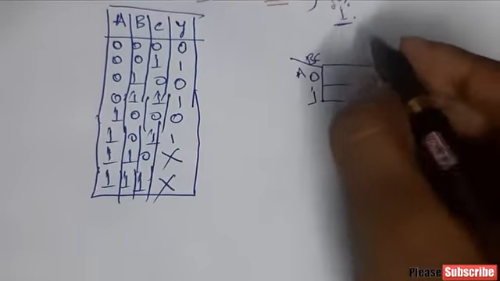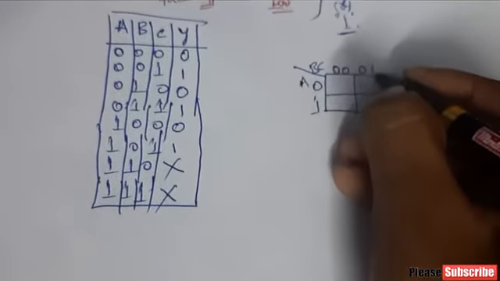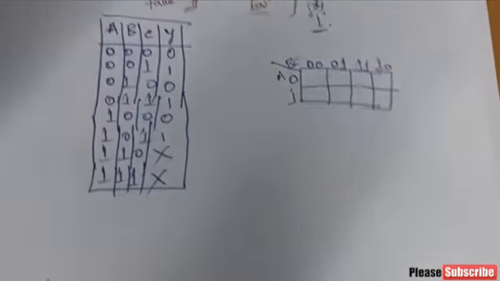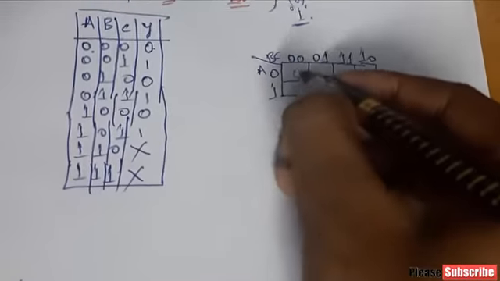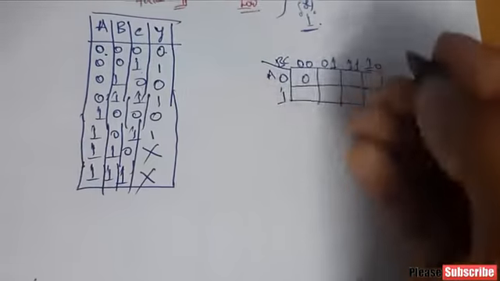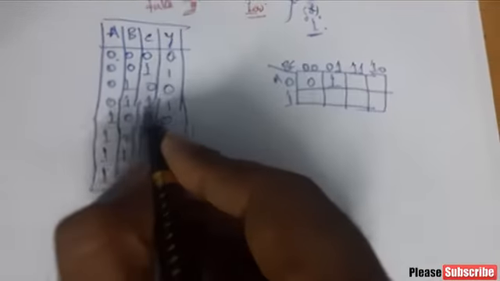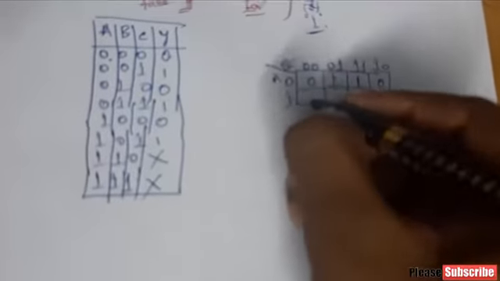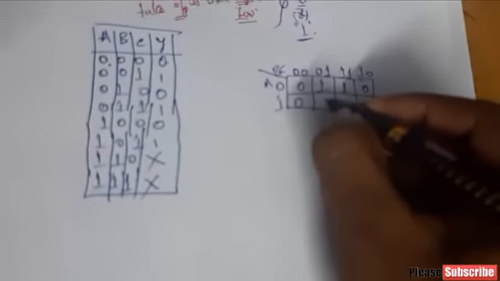This will follow the Gray code sequence, right? 00, 01, 11, 10. 000 means 0, 001 means 1, 011 means 1, 010 means 0, 100 means 0, 101 means 1, 111 will be the don't care condition, 110 will be the don't care condition.